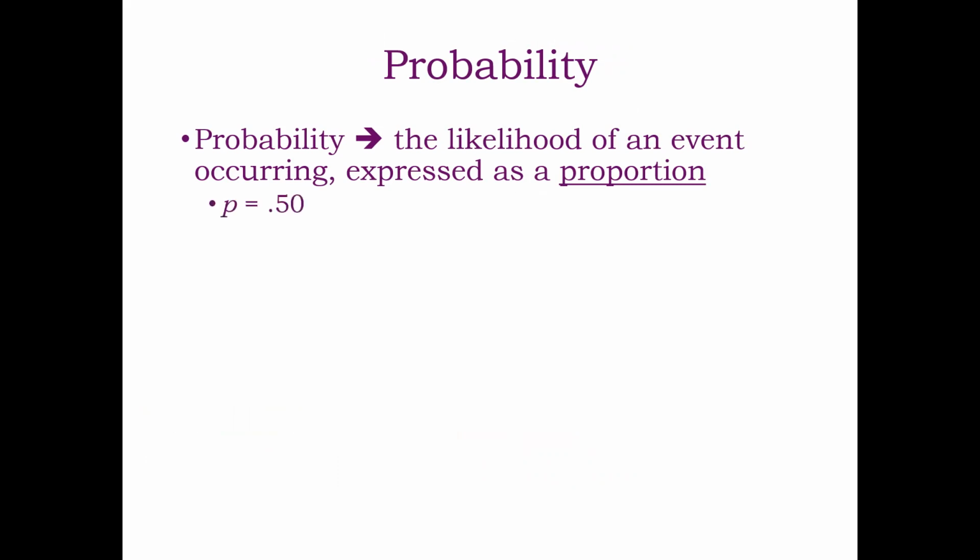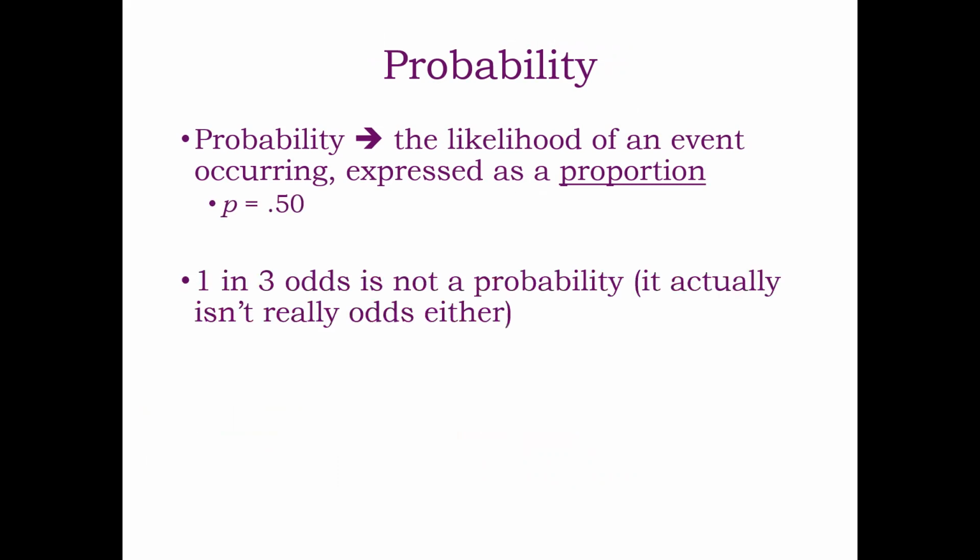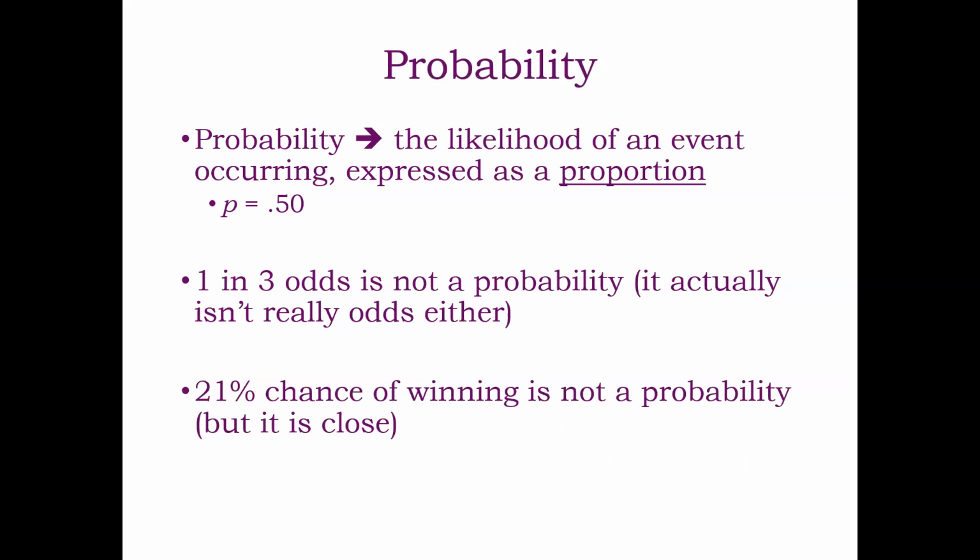So a probability of 0.50, for example. 1 in 3 odds is not a probability, not really odds. A 21% chance of winning isn't a probability either, but it's pretty darn close. We just need to move that decimal over to make it into a probability, and we would say P equals 0.21.